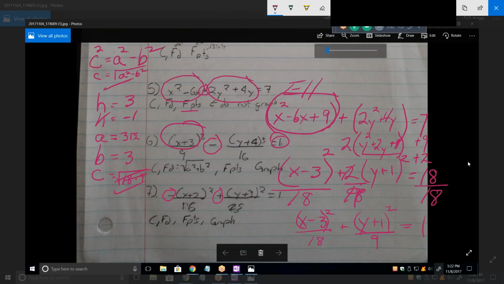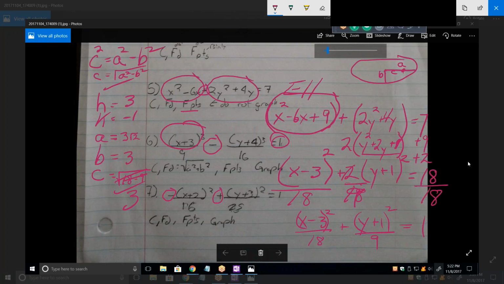C has to be smaller than A, because on the ellipse, this distance is A, and C is somewhere from here to here. So C is always smaller than A, but since that is B, C could be equal to B without messing anything up. First I thought we must have done the math wrong, but no, 3 is right for C. So in our graph, now we're ready to give the focal distance, which is 3.